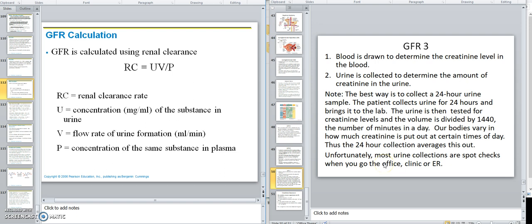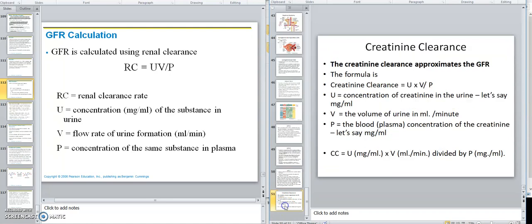And the other thing is, this may be the time where you put more creatinine out, and 3 hours later you would put less out. But this is the quick way to do it. Okay? So what do we have so far? We've got a blood level of creatinine because we drew blood, and we got a urine level. Okay? Now we go to how we plug it in the formula real quick.